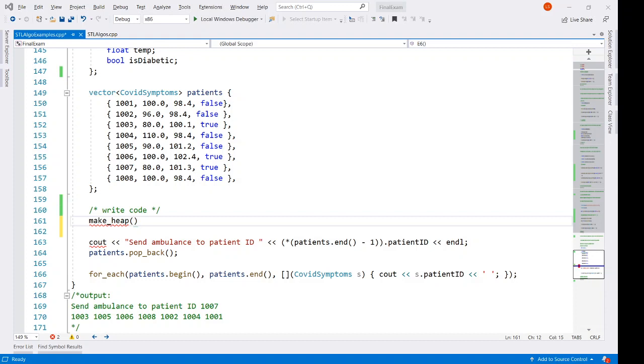right? In make heap, what we want to do is heapify the whole vector of patients. So patients.begin, patients.end.